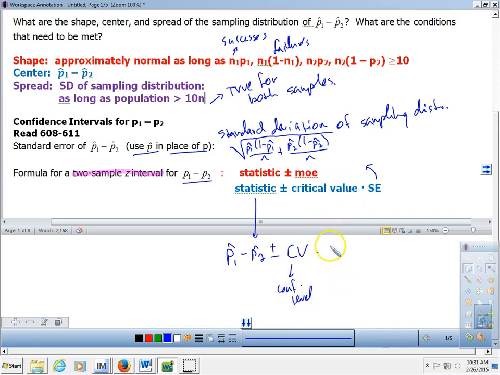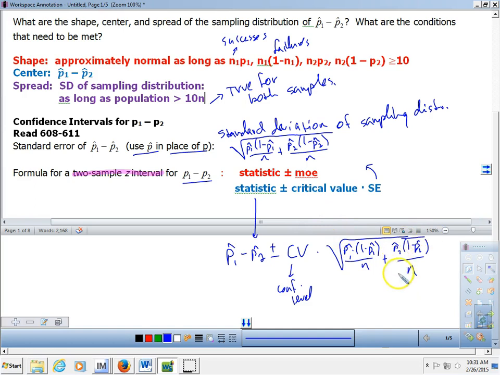Times the standard error calculation from up there: the square root of p1 hat times 1 minus p1 hat all over n plus p2 hat times 1 minus p2 hat all over n. And that becomes the general form of your confidence interval to estimate the difference in true population proportion between two groups.